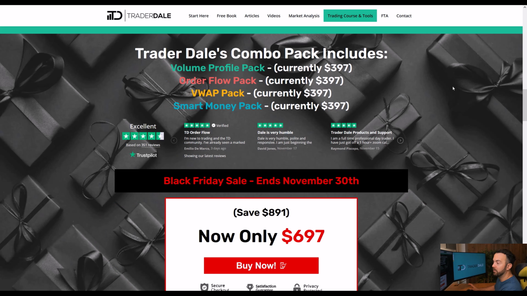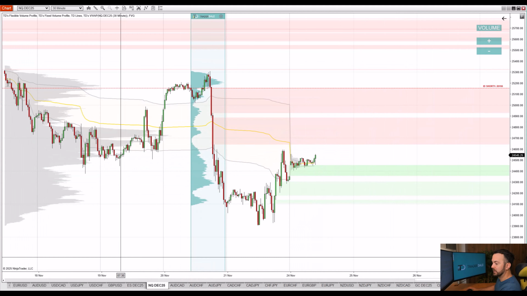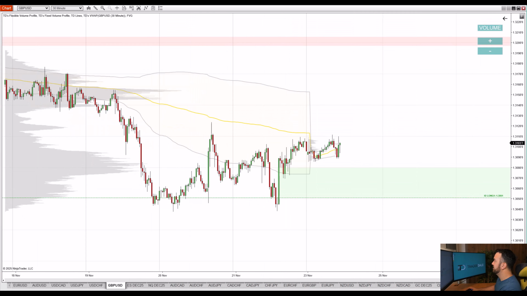Okay, let me now go back to the charts, and let's take a look at the British pound. So this is a 30-minute chart of the British pound, and in here I want to talk about a strong support which formed on Friday. The support is right here at 1.3051. It is based on a volume profile setup called the rejection setup.